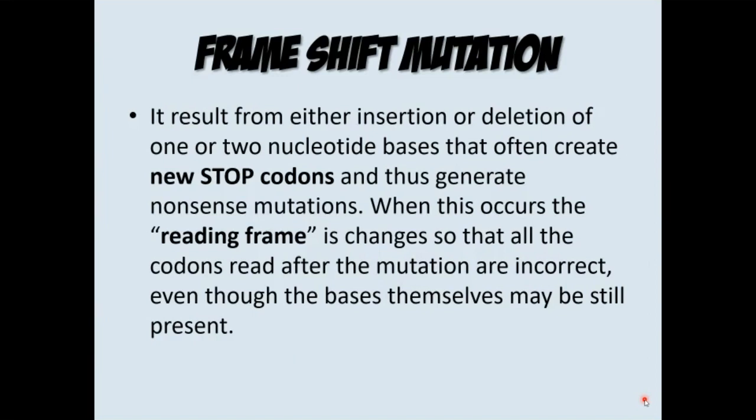Sa frameshift mutation, it results from either insertion or deletion of 1 or 2 nucleotide bases that often create new stop codons and thus generate nonsense mutations. When this occurs, the reading frame is changed so that all the codons read after the mutation are incorrect, even though the bases themselves may still be present.